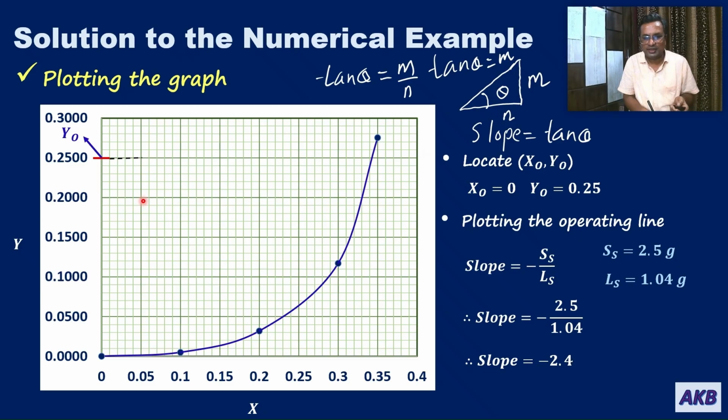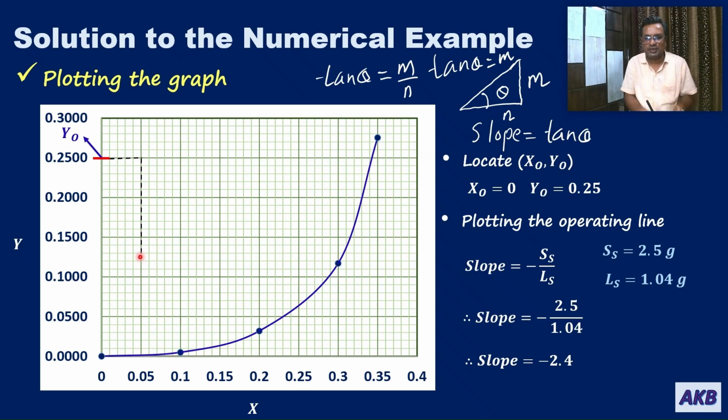But what is the distance through which I will be traveling? The distance is equal to slope, because here we have made the denominator 1. So this is 1 unit, and now I will travel the units that are equal to the slope in vertically downward direction. So since slope is 2.4, I will be traveling a distance of 1, 2 and 0.4.